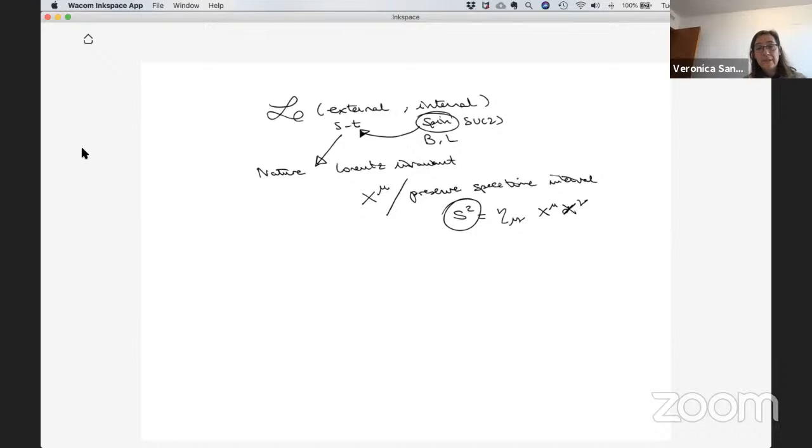The kind of group that will preserve this spacetime interval is actually a group of transformations of x^mu that is special orthogonal rotations, but now 3 dimensions for space and 1 for time. This (3,1) is just to make the point that the behavior of 3-dimensional space and time is slightly different. As you know, in this spacetime interval, there will be a sign difference between space and time.